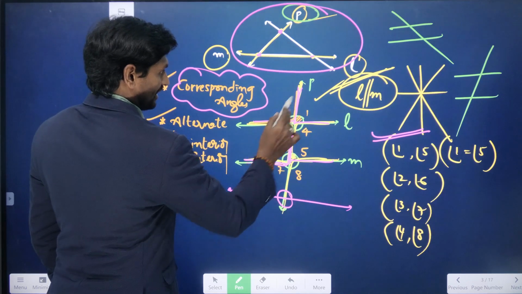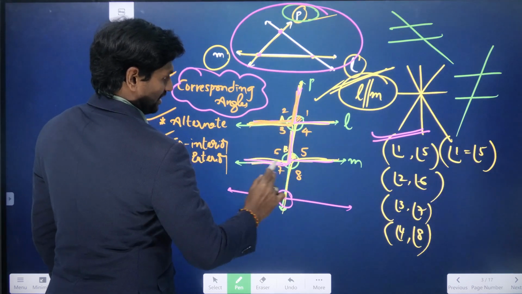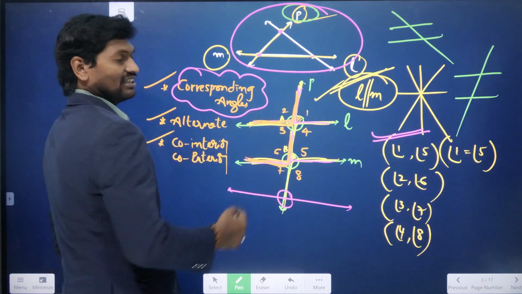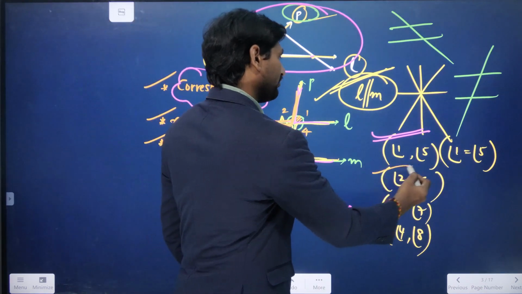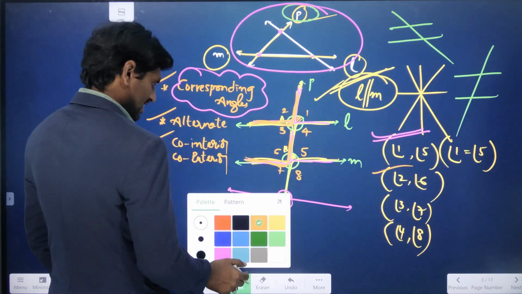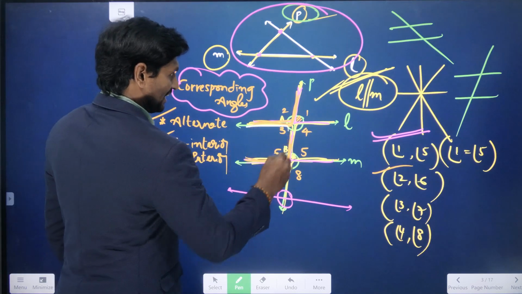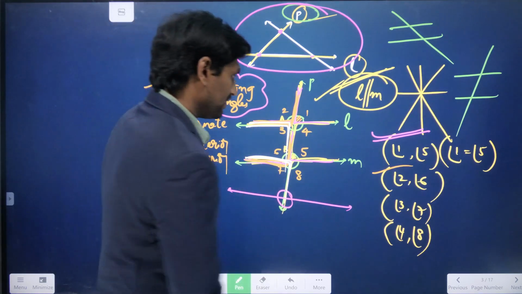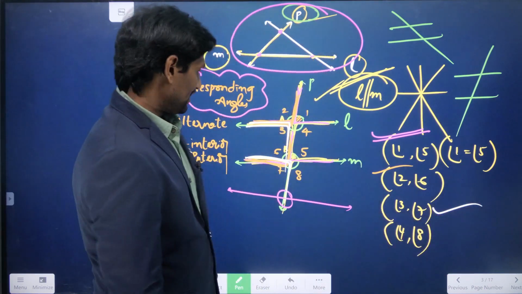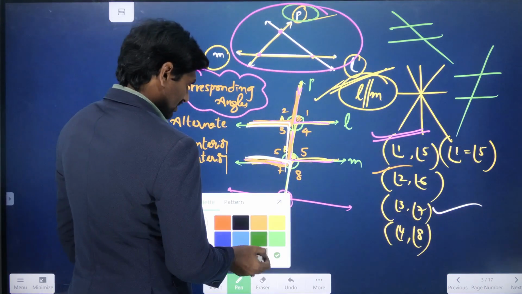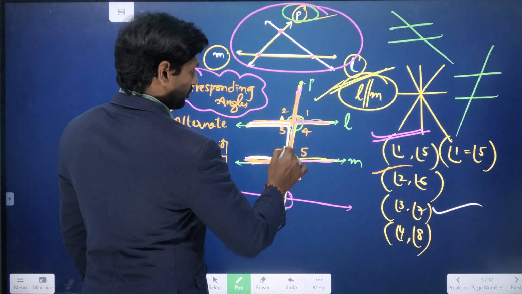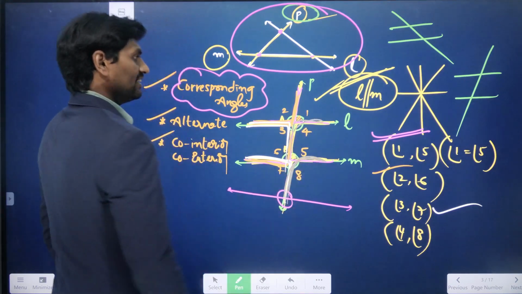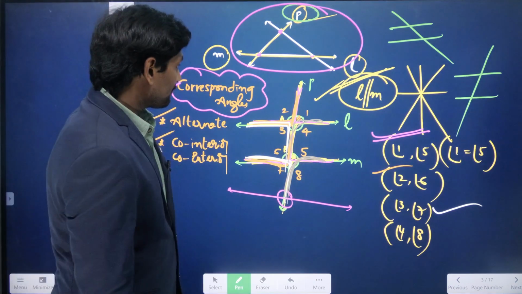These two are also a pair of corresponding angles. Same way, angle 3 and angle 7, both looking like a 7 shape, a pair of corresponding angles. Last but not least, angle 4 and angle 8 are also a pair of corresponding angles.